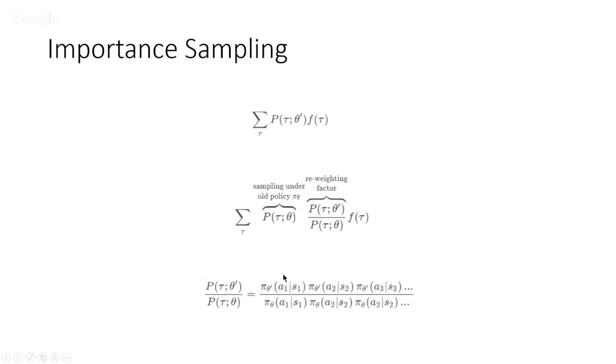So the probability of taking action A1 given S1 over the probability of taking the same action given the same state, but with the old theta. That's what this ratio is. This is with the new theta, this is with the old theta. This is the total probability of having this trajectory given the new theta, and this is the total probability of having the same trajectory given the old theta. That's what this is, and this is just a product of probabilities of individual time steps, right? A simple probabilistic equation.